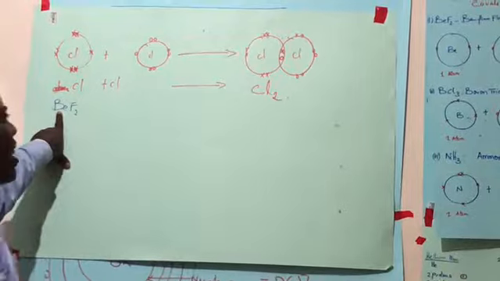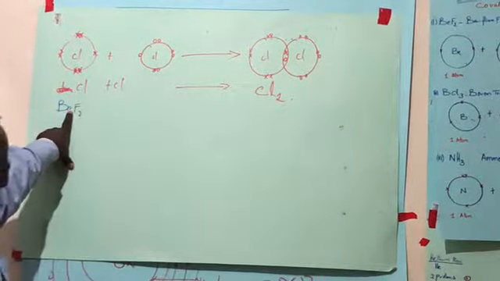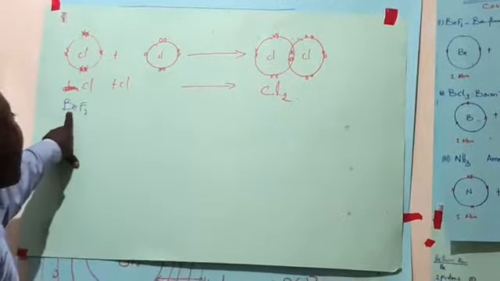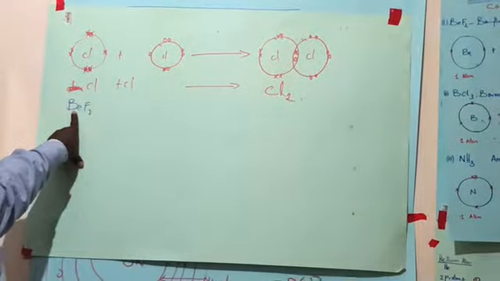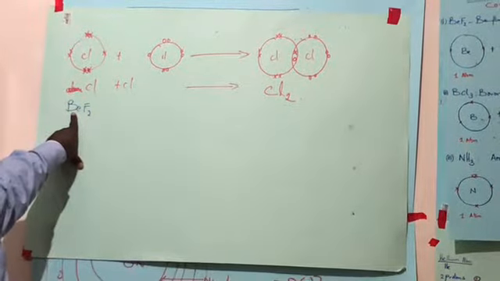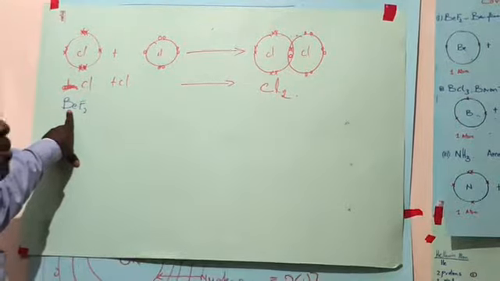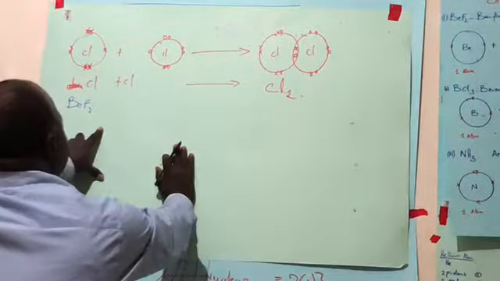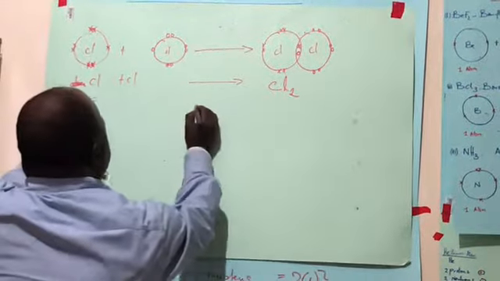Take for instance beryllium fluoride. There are 2 atoms of fluorine and 1 atom of beryllium. So we must identify the central atom, and the central atom is beryllium.